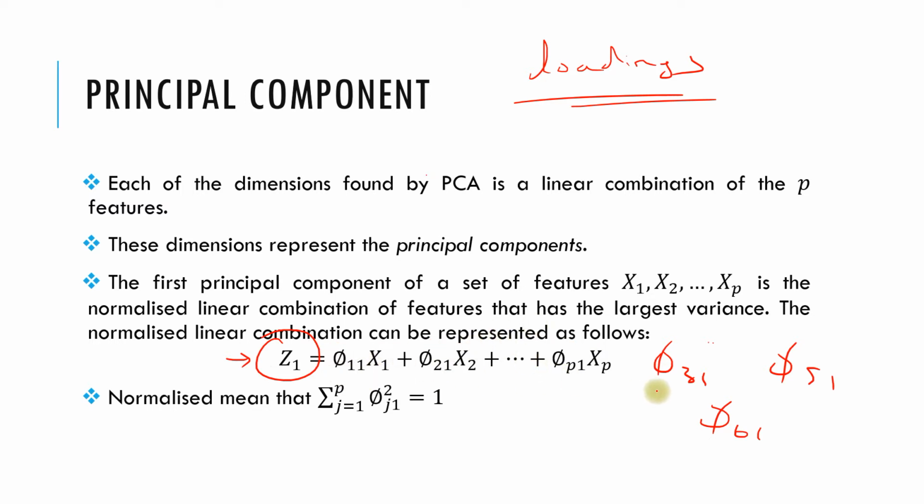But think about if phi 1 1, phi 3 1, phi 5 1, phi 6 1 and some others are having high loadings compared to the other loadings. If we are having high loadings, what would that mean? It would mean that variable 1, variable 3, variable 5, variable 6 are strongly correlated among themselves.